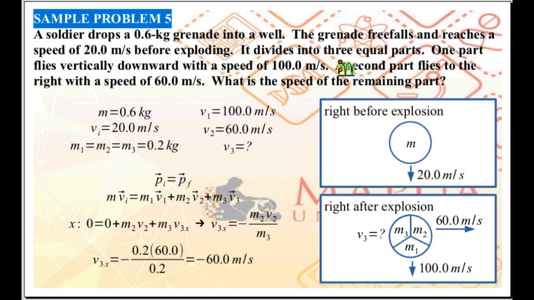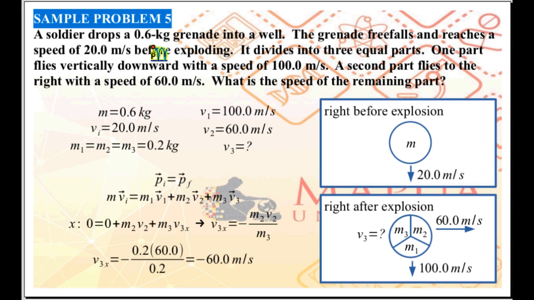It divides into 3 equal parts. One part flies vertically downward with a speed of 100 meters per second. A second part flies to the right with a speed of 60 meters per second. What is the speed of the remaining part?